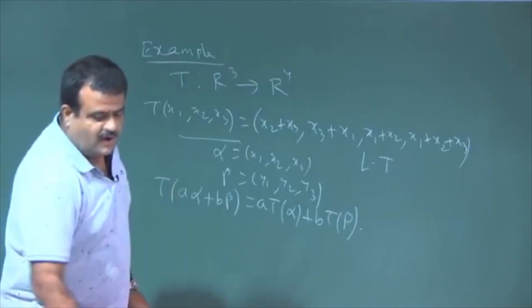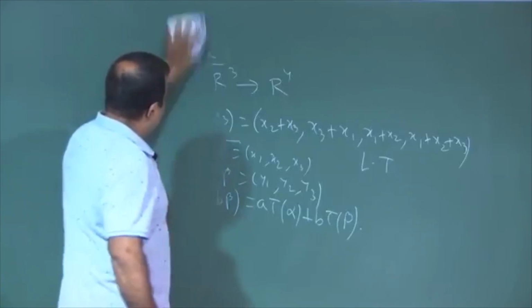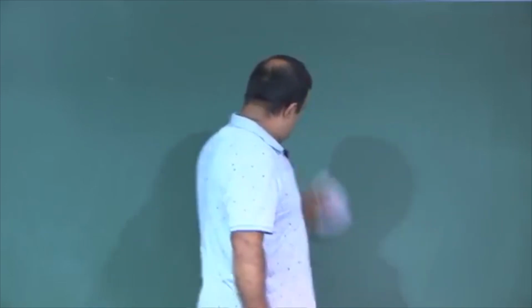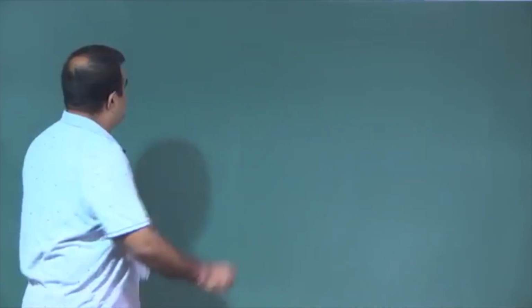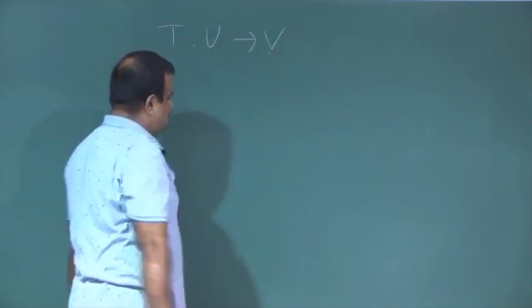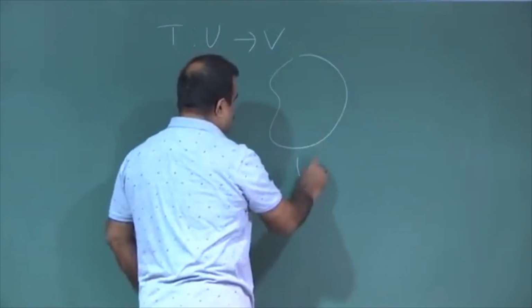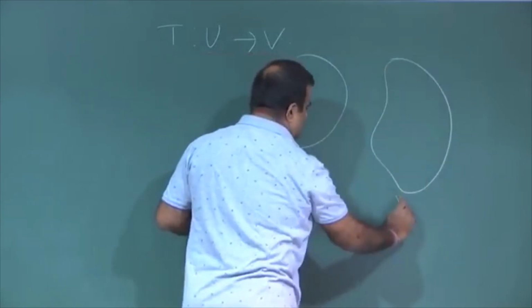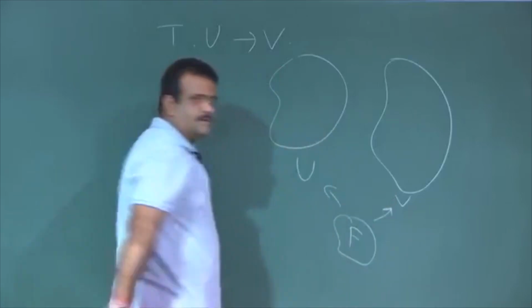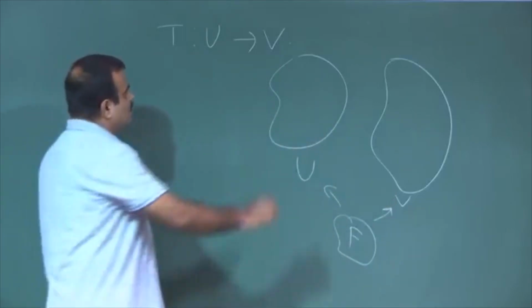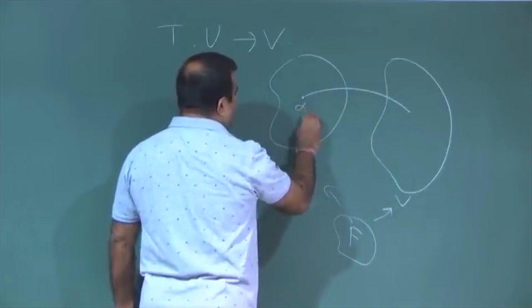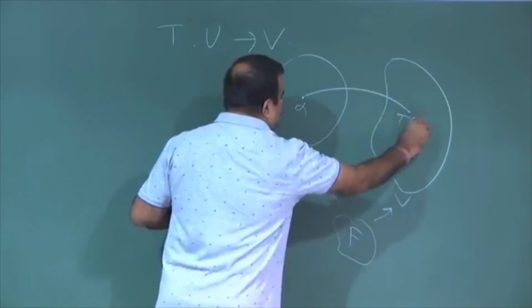Okay. Now, we have some properties of the linear transformation. The first property is: suppose we have a linear transformation from U to V. We have two vector spaces, U and another vector space V, over the same field F. We have a mapping from here to here, where alpha is mapped to T alpha.